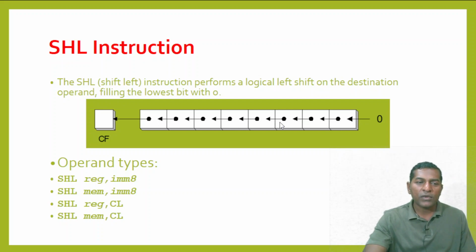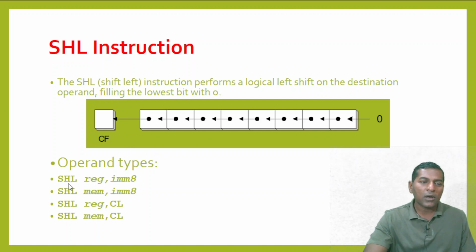Whenever we shift bit by bit, the information at the D0th bit will be shifted to the D1th bit, and the D1th bit information will be shifted to D2 and so on. But the D0th bit will get an additional 0, and this is how it shifts.